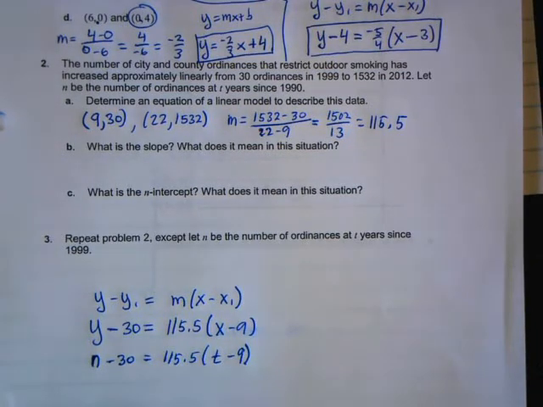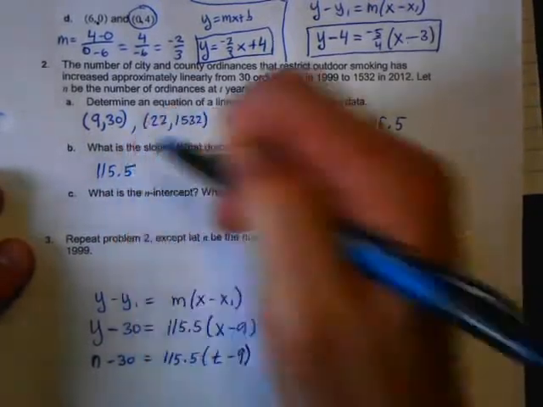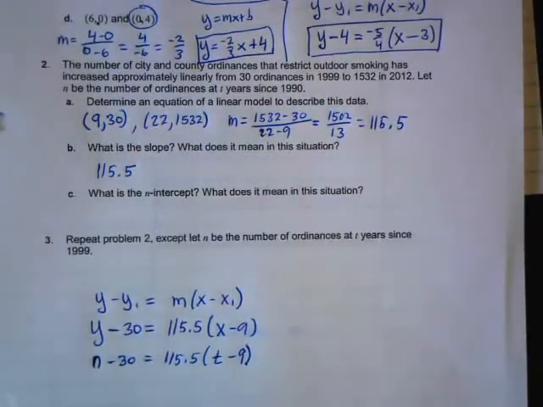All right. What is the slope? 115.5. What does it mean in this situation? Excellent.